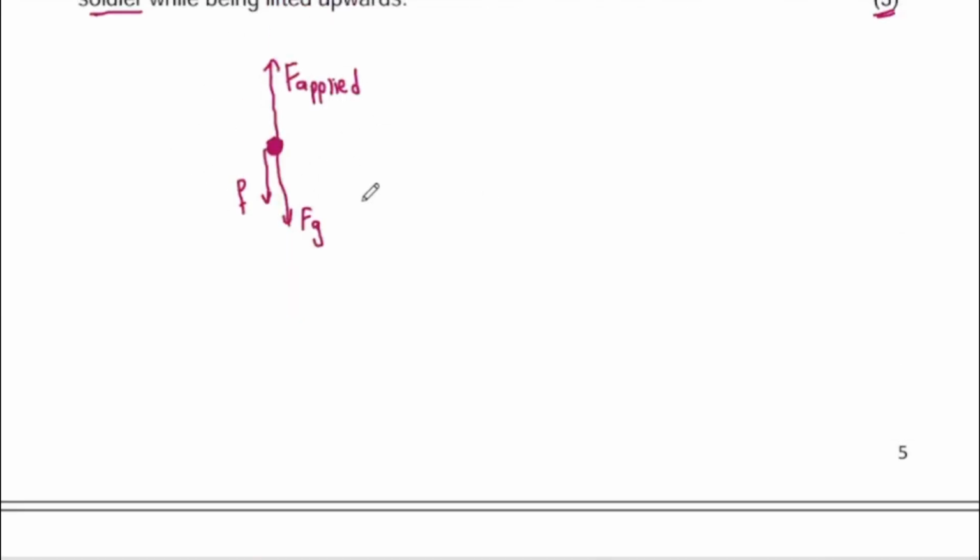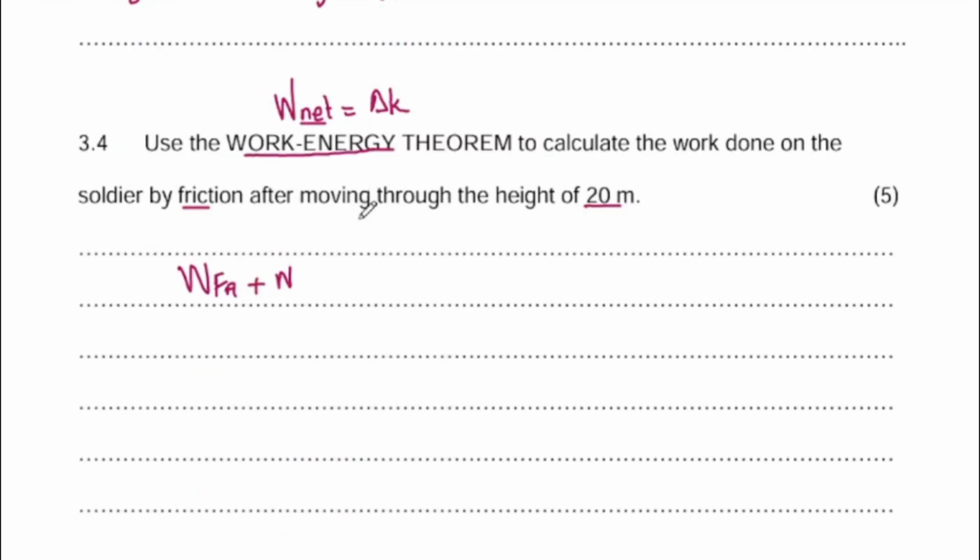Three forces: the applied force, the frictional force, and the Fg. So let's quickly work on that. We also need to find the work done by Fg, and then add the work done by the frictional force. Then we equate this to the change in kinetic energy. And the question wants us to calculate the friction after this guy moved through the height of 20 meters.